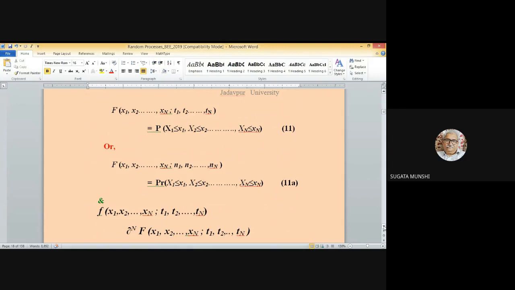Capital X1 is either capital X with argument T1 or capital X with argument small n1, as the case may be. Capital X2 is either capital X with argument T2 or capital X with argument small n2, in this way. Equation 11 gives the Nth order joint cumulative distribution function, and equation 11a gives the same thing for the discrete random process.